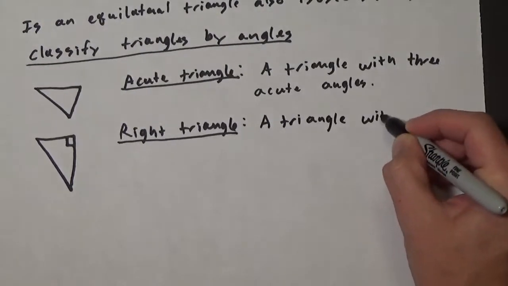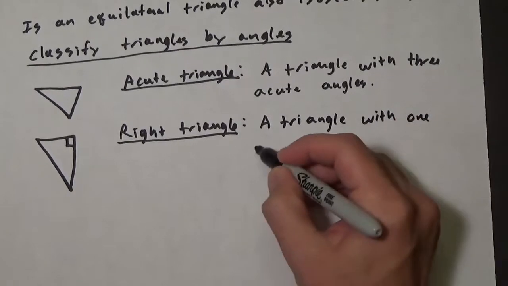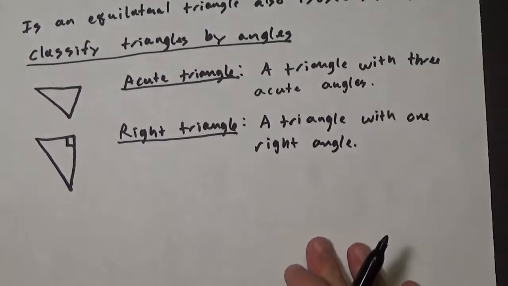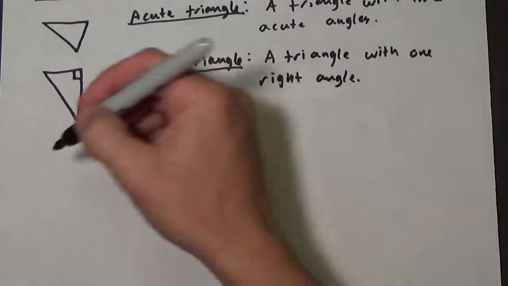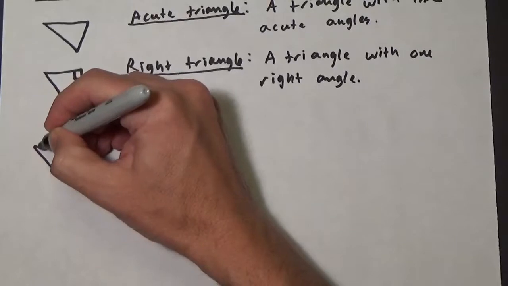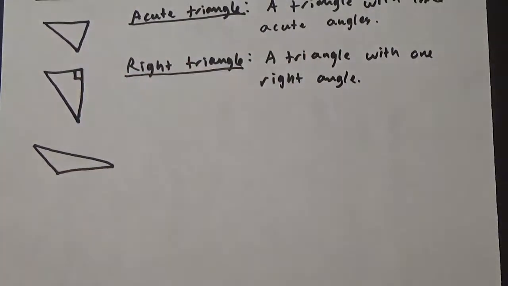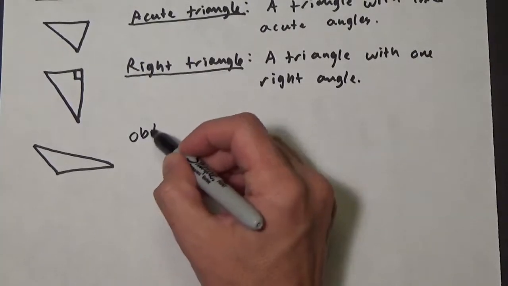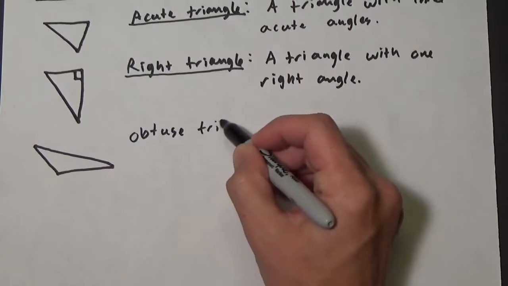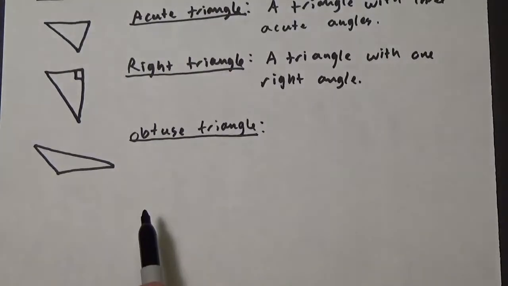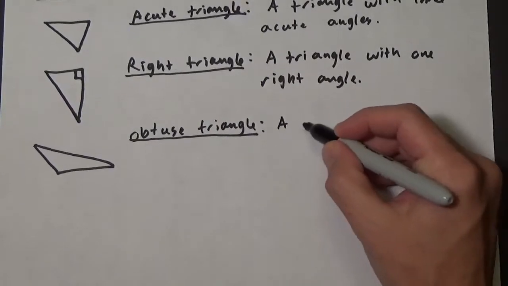The next one, in this case we have an obtuse angle in there, so we call that an obtuse triangle. An obtuse triangle is a triangle with one obtuse angle.